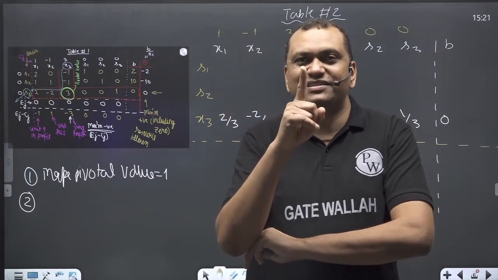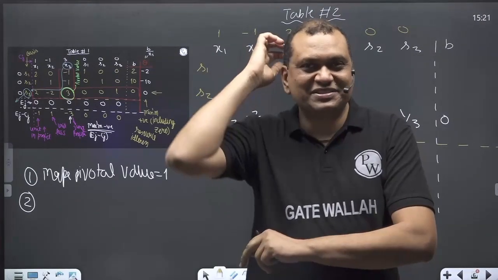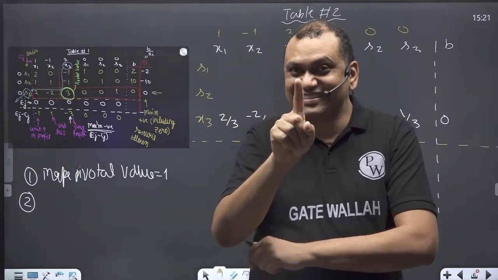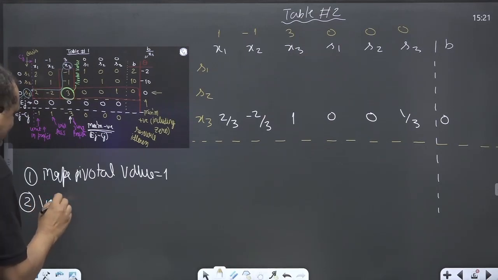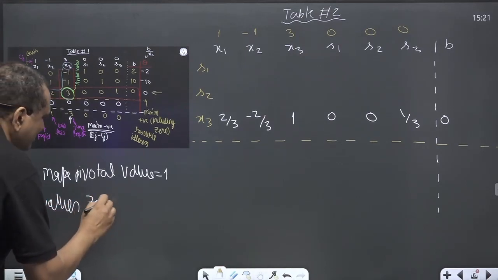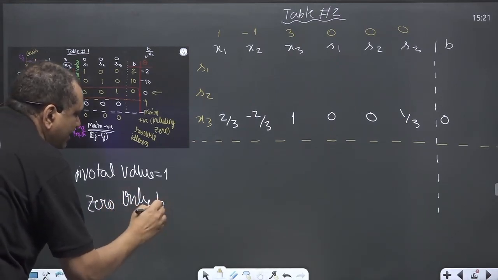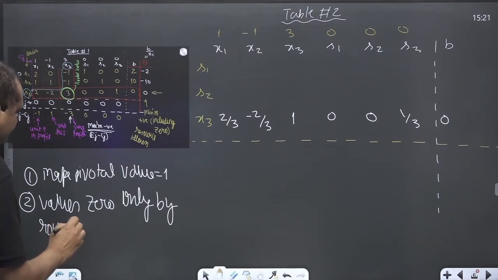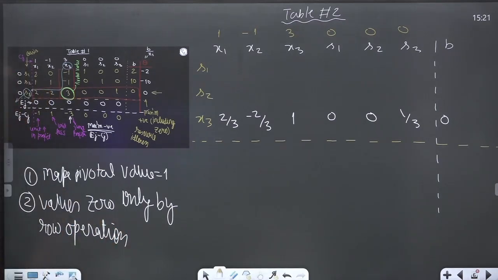In simplex, we do only row operations. We do not do column operations.